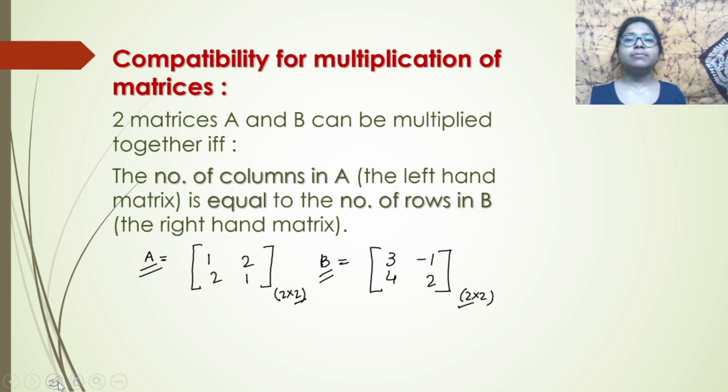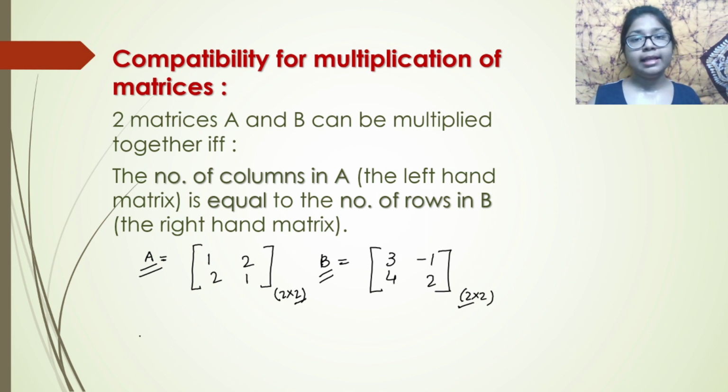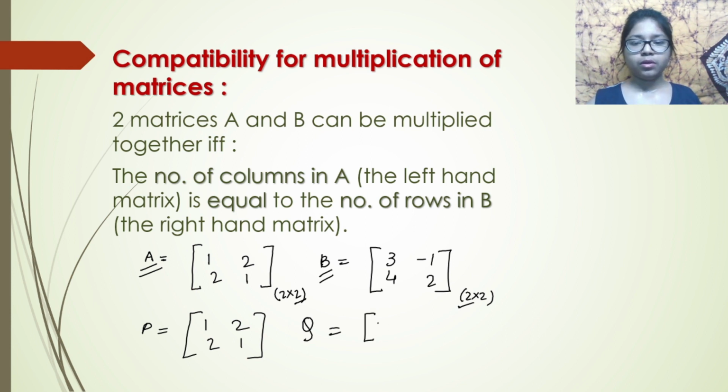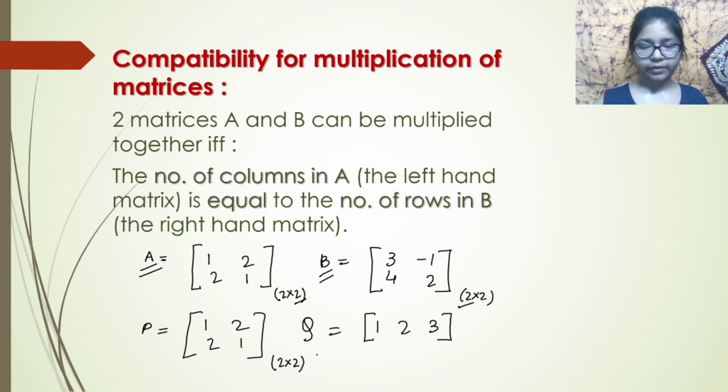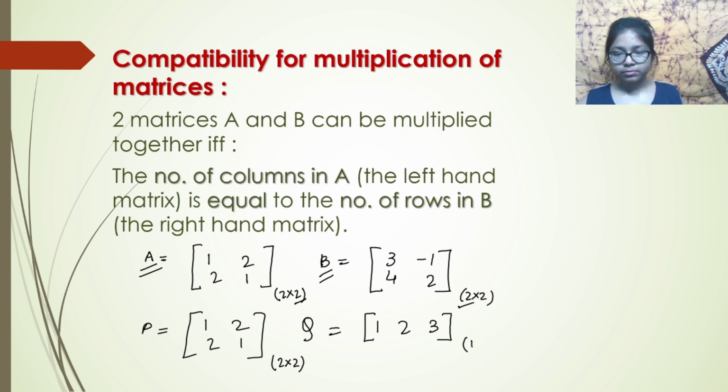Now, let me give another example where matrix multiplication is not possible. Let us consider matrix P as 1, 2, 2, 1 and Q as 1, 2, 3. P is a matrix of order 2 by 2, and Q has 1 row and 3 columns, so it is 1 by 3.